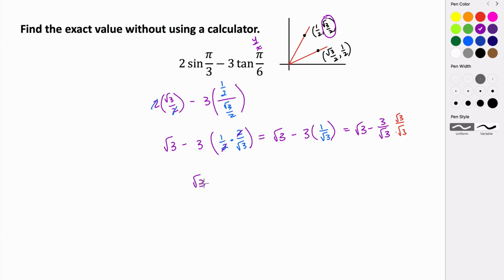So the square root of 3 minus 3 rad 3 over 3. Lots of 3's. These can simplify, and we end up with the square root of 3 minus the square root of 3, which actually just turns out to be 0. So this whole thing simplifies to just be 0.